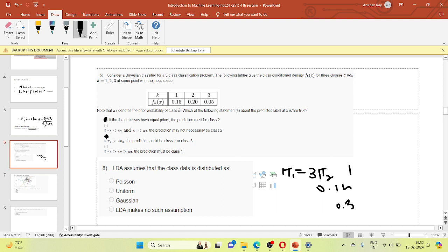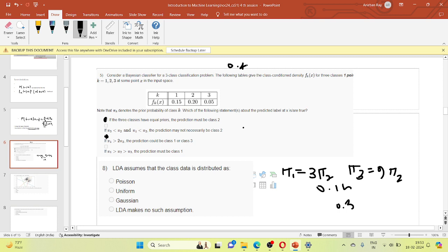Okay, and pi 3 is 9.59, suppose. So what will happen is that the probability of class 1, this product, will become 0.45.